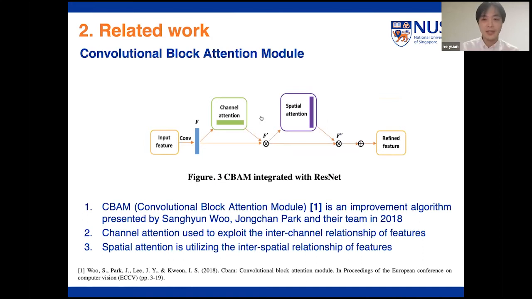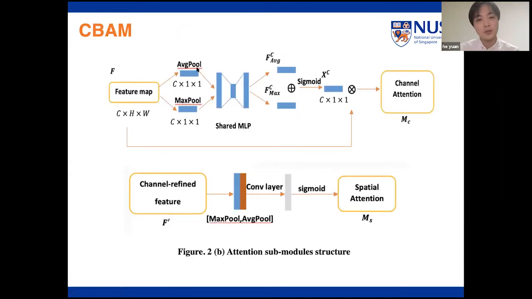Why did we choose it? Because the second attention module, this spatial attention module, is very unique. And this is the structure of the attention module. The first one is the channel attention module. And actually, it just uses average pool and max pool together to improve the performance.